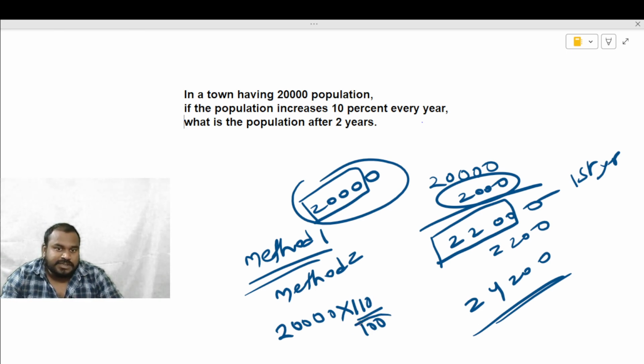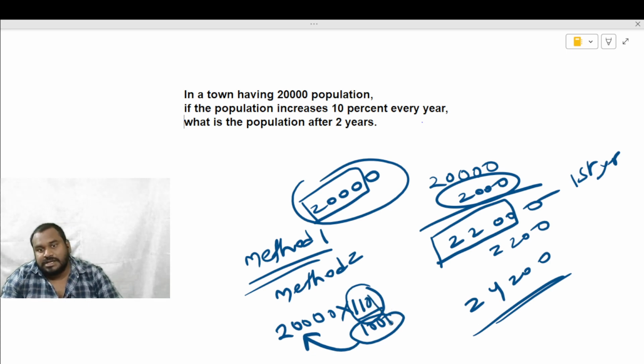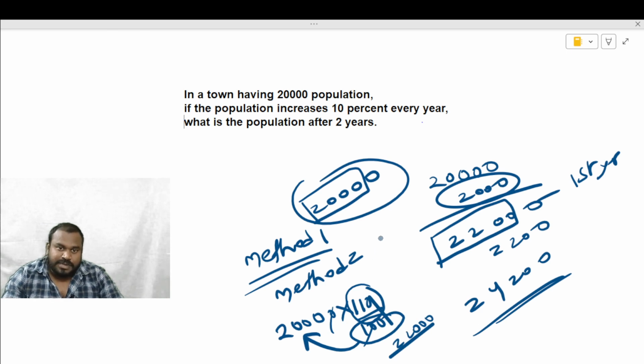See, 100 was the initial value. When 100 is there, 20,000. When it becomes 110, how much is it? So you have to multiply with that number. Then these two get cancelled, and this one gets cancelled. 11 into 2, 22,000. You understood, right? But we need it after 2 years.